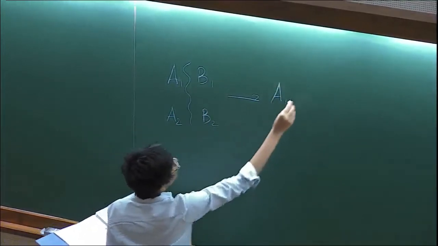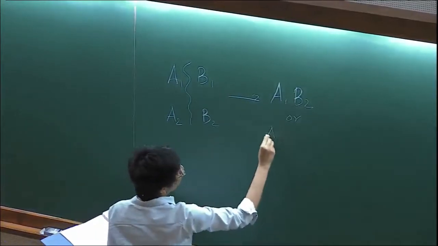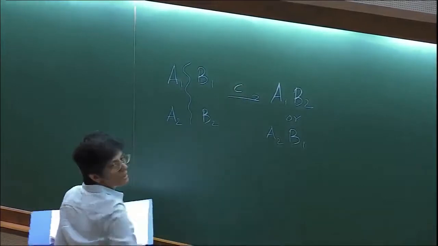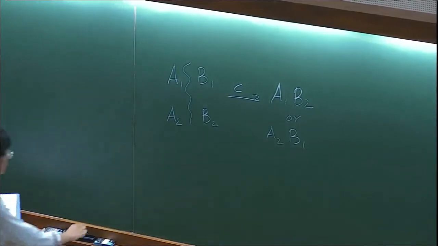A1 B2 could be produced, or A2 B1, with a certain probability, which is the recombination probability C. And I want to write down equations about how these frequencies are going to change just because of this genetic mixing.